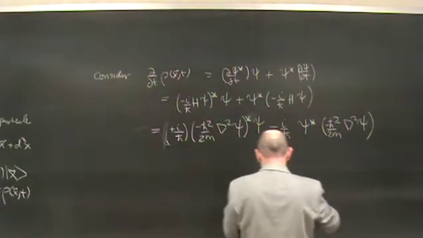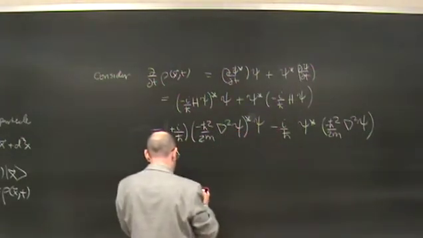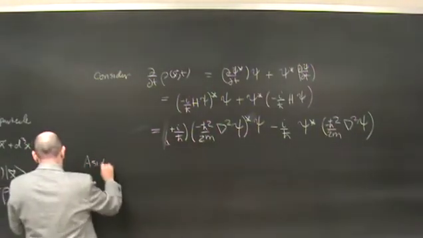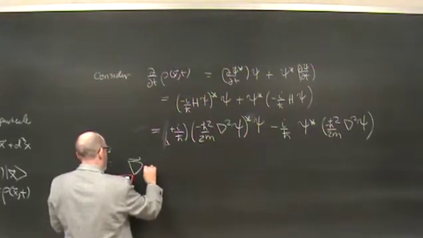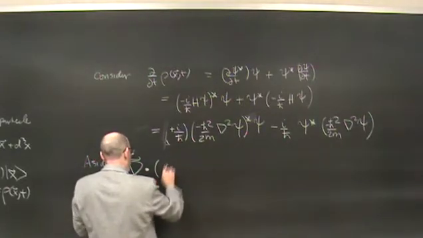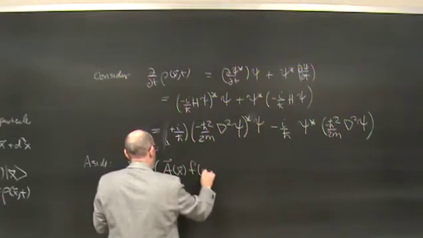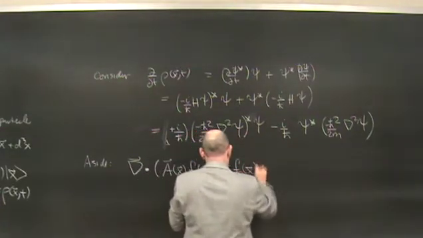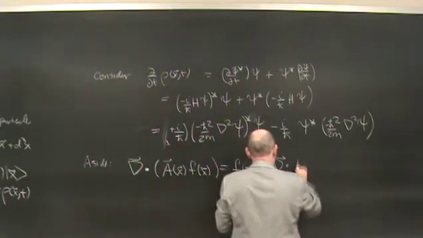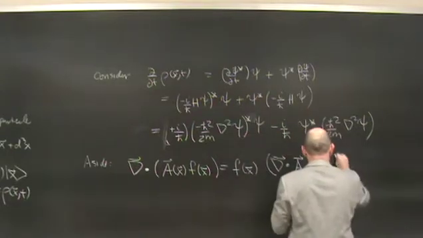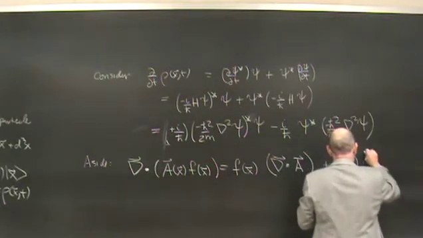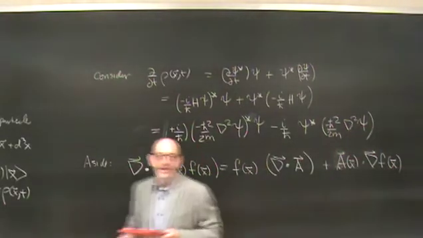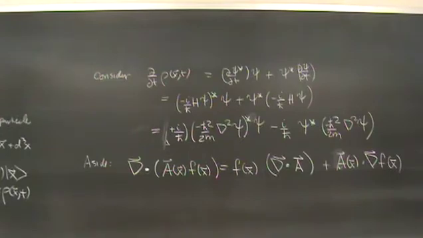Now I'm going to use the following vector calculus identity: the divergence of a vector field that is some vector times a scalar is the scalar times the divergence of the vector plus the vector dotted into the gradient of the scalar. These are vector calculus identities that you can quickly derive with a couple of epsilon tensors or something like that.